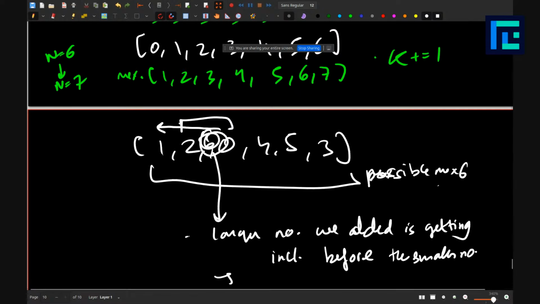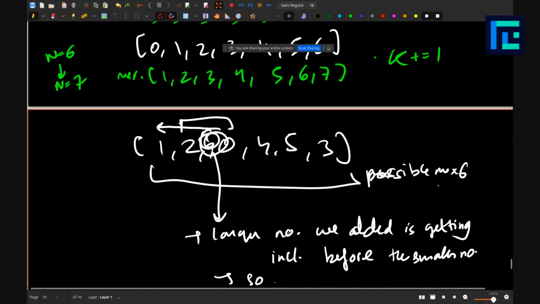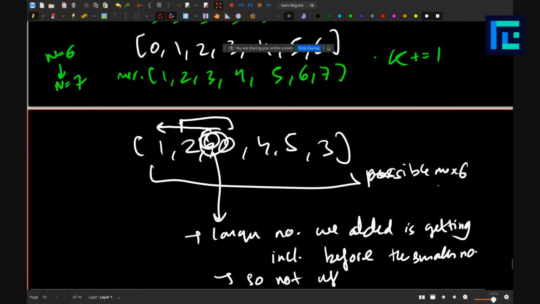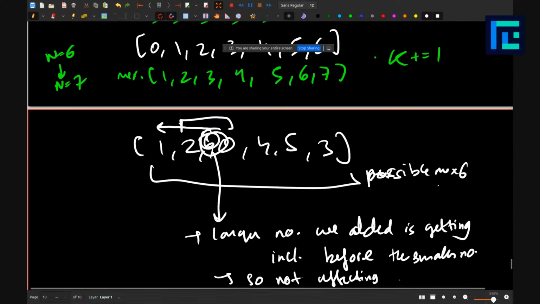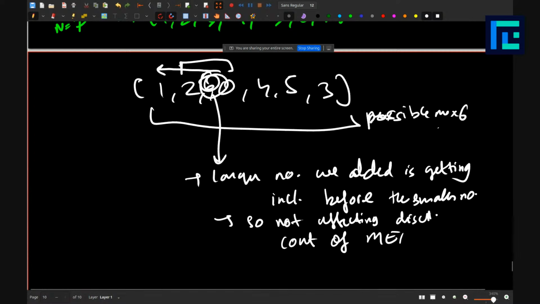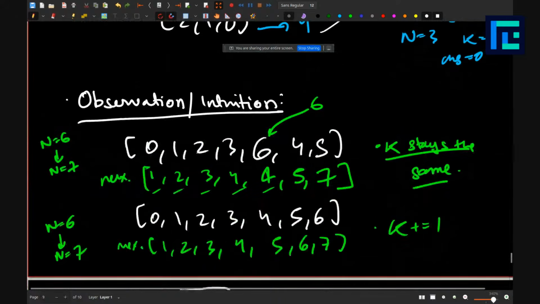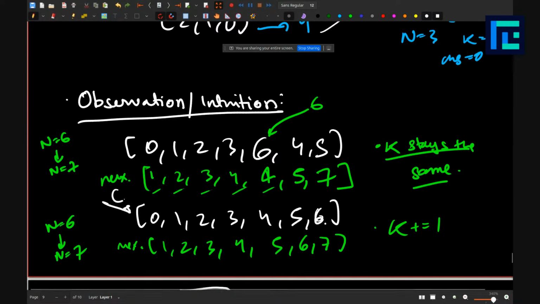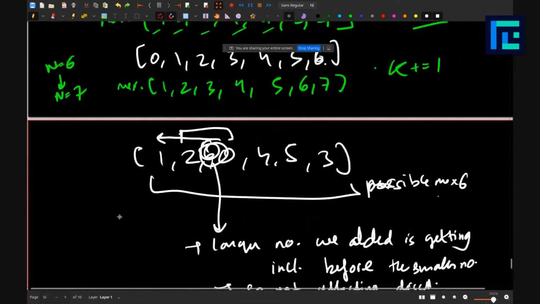So it's not affecting the total distinct count of MEXs. If you add the 6 in the middle, it does not change. If you add the 6 at the ends, it will change. Similarly, if you added the 6 at the start, then also it would change.